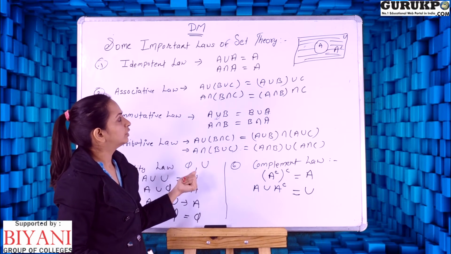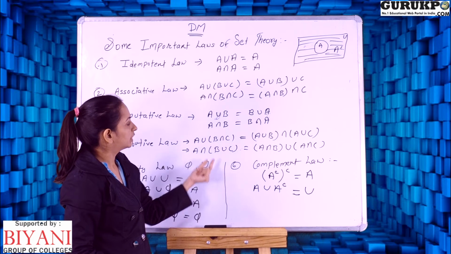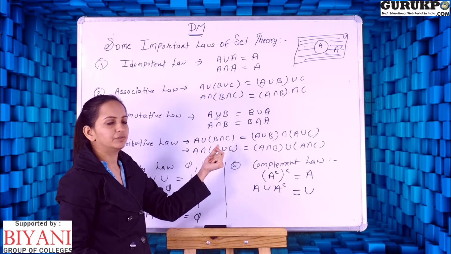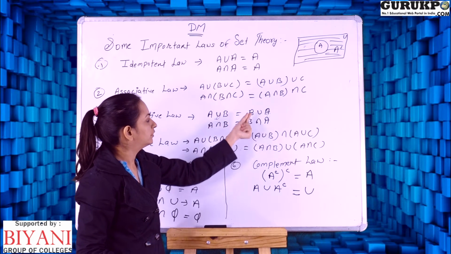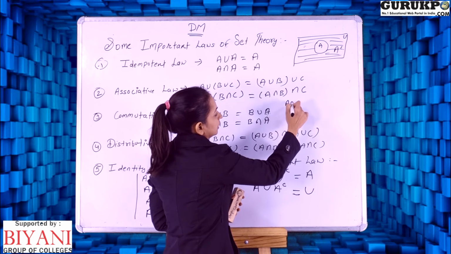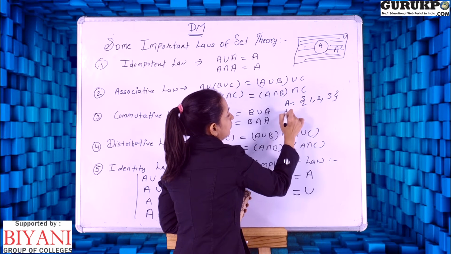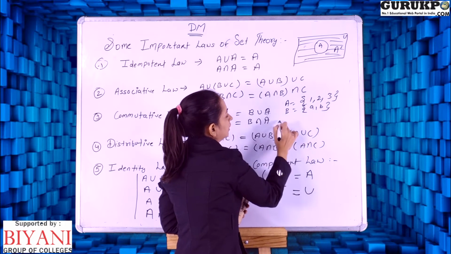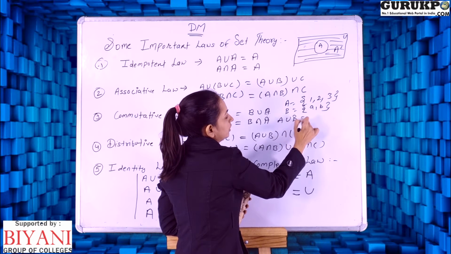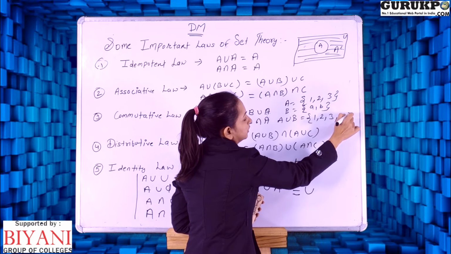Okay, I'm not going to prove each and every law, and I'm not going to give an example for each, but you can take any law and take an example. For example, if you take A union B and B union A, let's take two sets. Set A equal to 1, 2, 3. Set B equal to a and b. If I take union A union B, what will I get? 1, 2, 3, a, b.